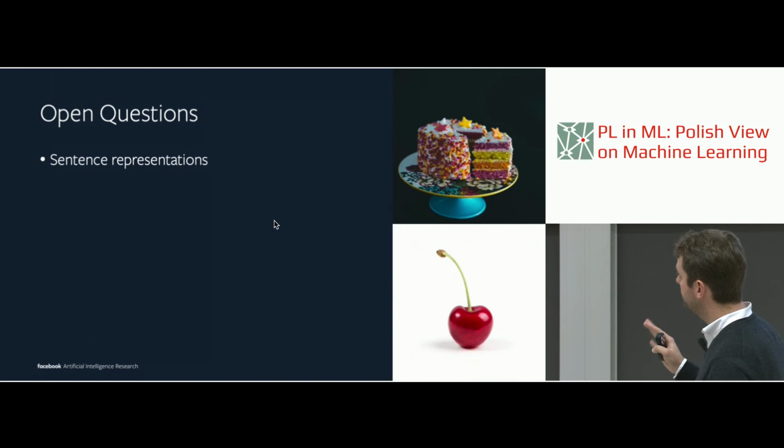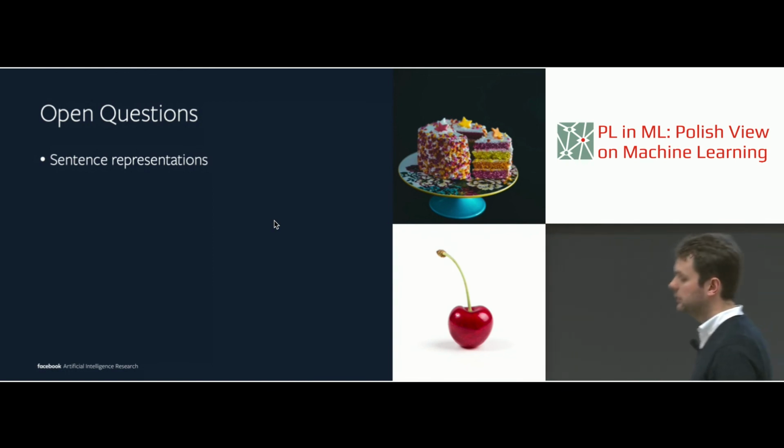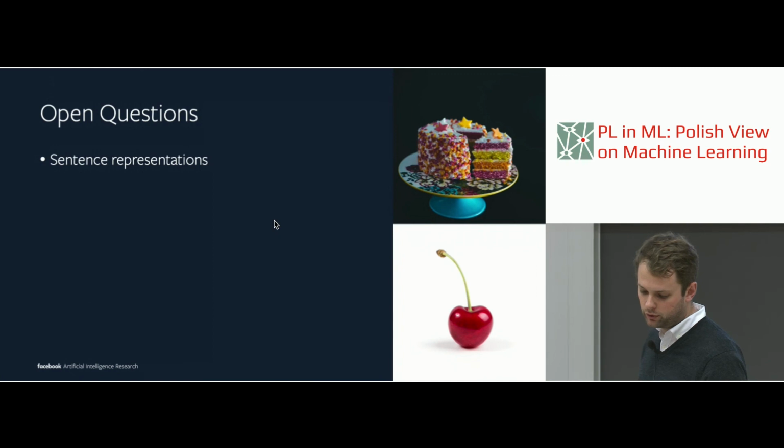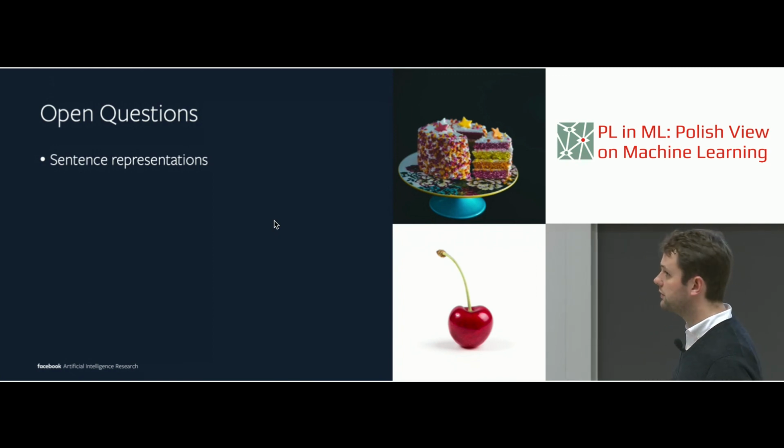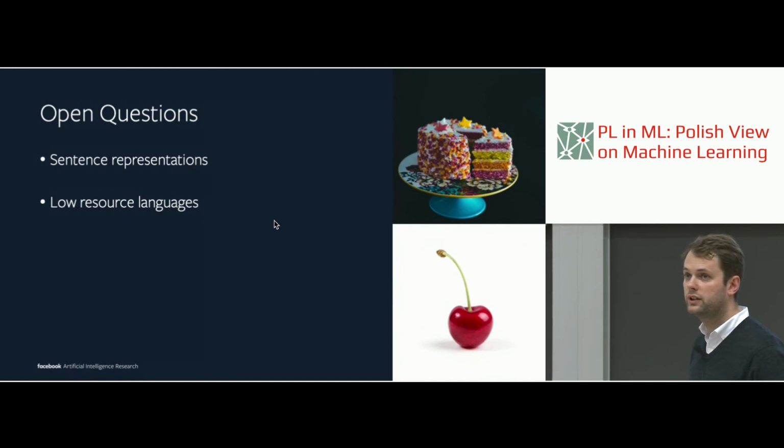I think that there are important things to do with unsupervised learning. The first one is sentence representations. We managed to get good word vectors, but we still don't have good ways to represent documents. And the recently proposed solutions are kind of not scalable. I think another point is that they are not necessarily trained for all languages.